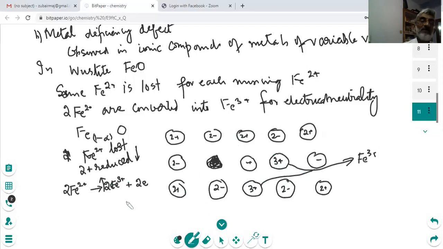In the case of iron(II) sulfide also the same thing happens. That's another example for a similar type of defect, metal deficiency defect.